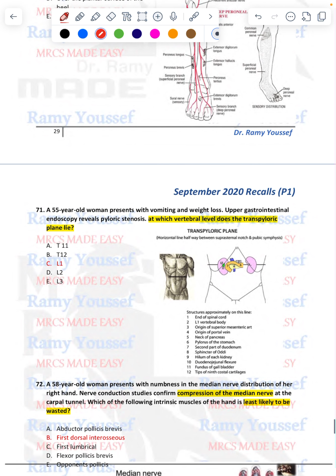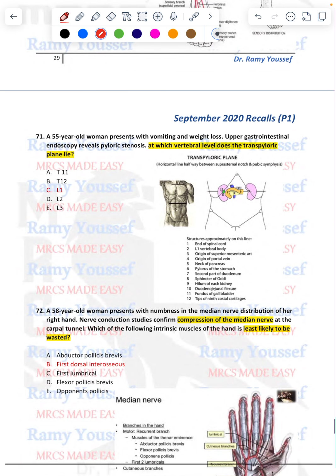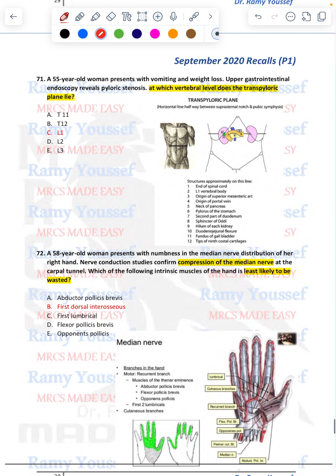Yes, abductor pollicis is gone. First lumbrical, flexor pollicis brevis, opponens pollicis. The thumb muscles are all supplied by the median nerve, except adductor pollicis, which is not given here. And the dorsal interossei and palmar interossei are by the ulnar nerve. So, branches in the hand. This is like this.